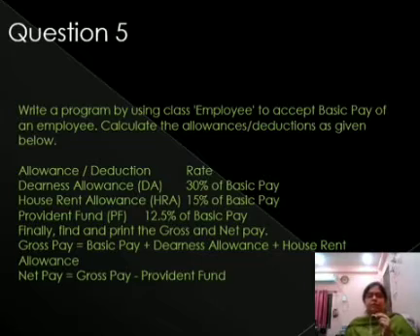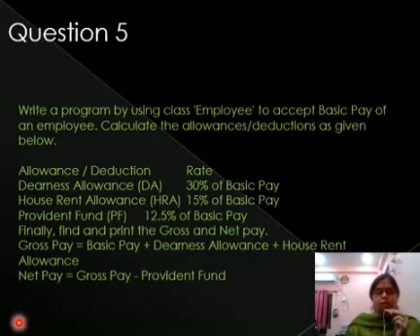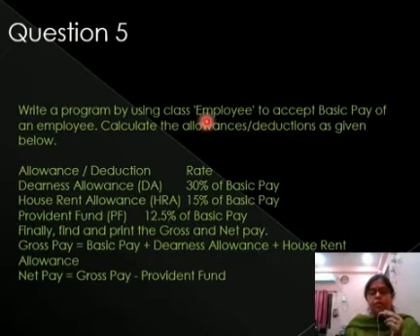Now question number 5. Here we are going to calculate the allowance of an employee. We have to write a program using class Employee. When the class name is given, then you have to use that class name only. Class Employee to accept the basic pay of an employee. We have to just accept the basic pay.